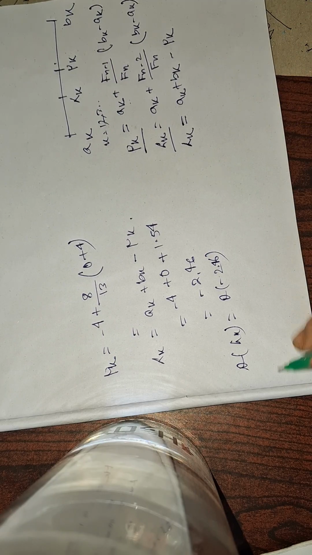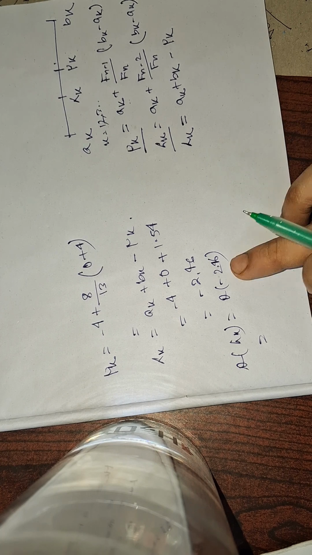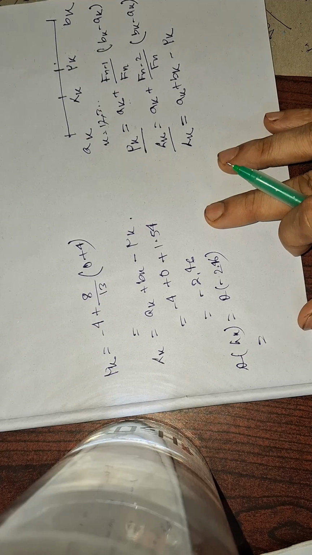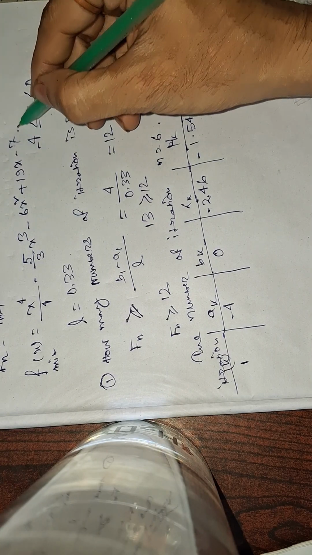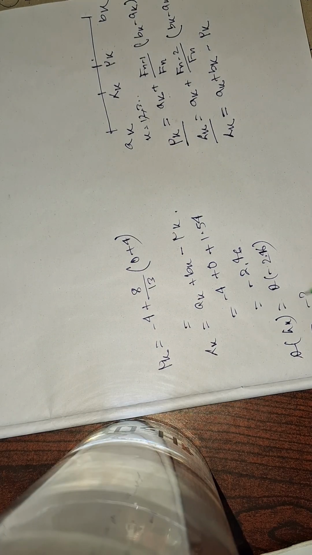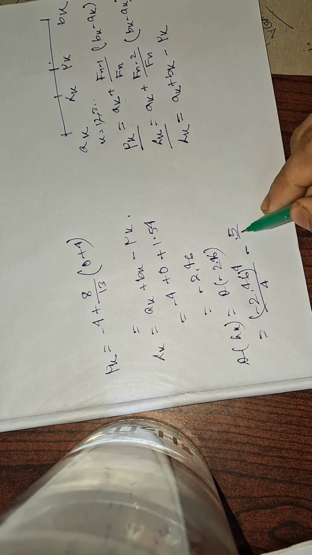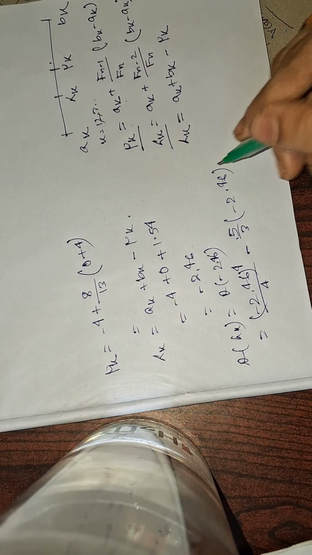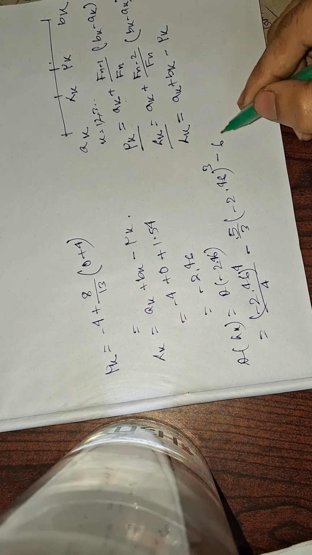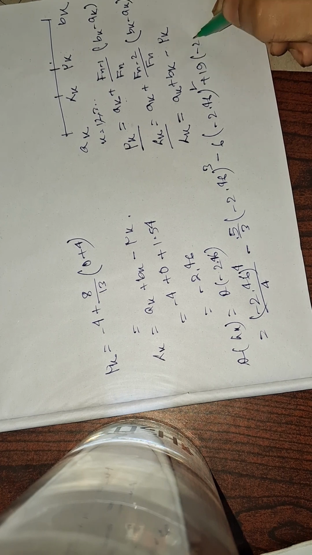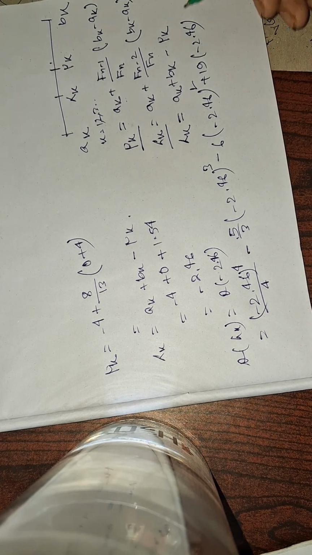So we put minus 2.46 in this function: minus 2.46 to the power 4 divided by 4 minus 5 by 3 into minus 2.46 cube minus 6 into minus 2.46 square plus 19 into minus 2.46 minus 7.